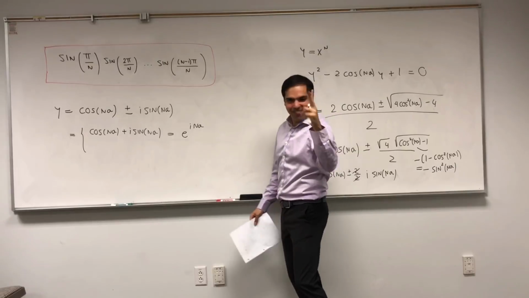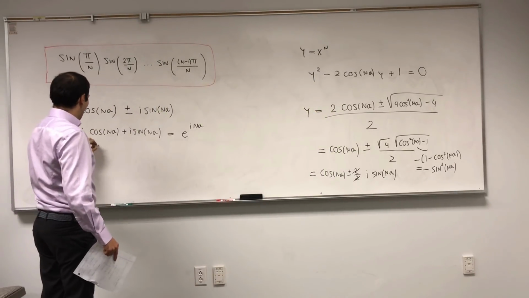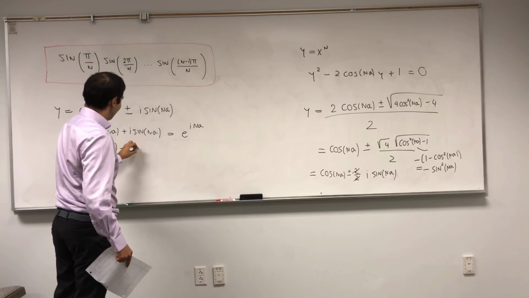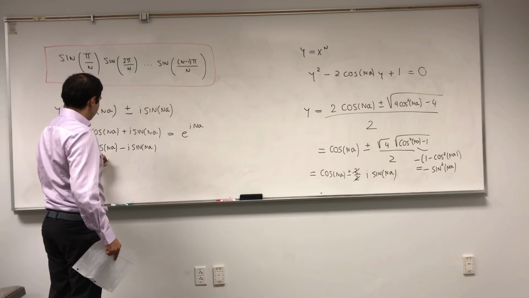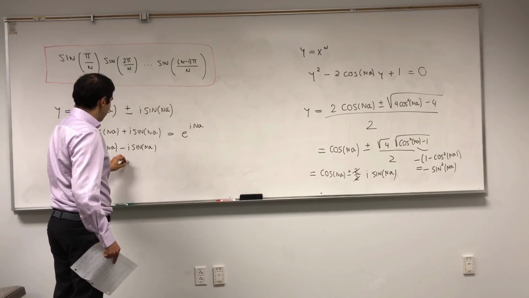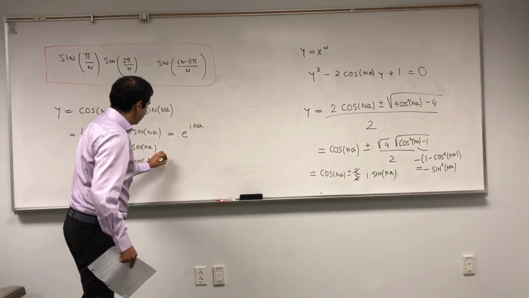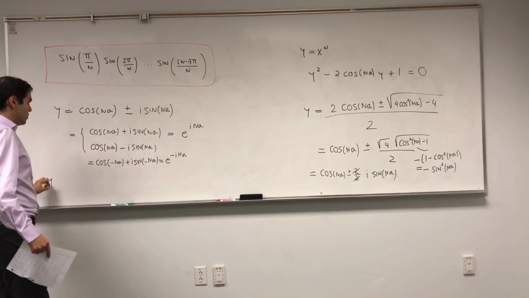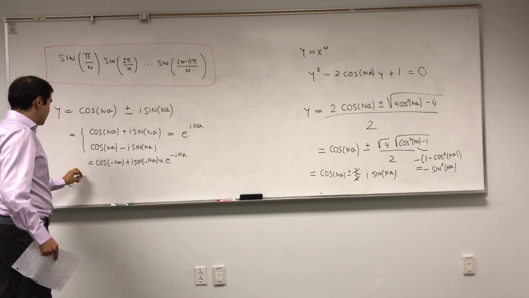Black pen, red pen, I'm watching you, okay? Or it equals cosine of na minus i sine of na, which is the same as cosine of minus na plus i sine of minus na, which is e to the minus ina. So in other words, y equals e to the plus or minus ina.